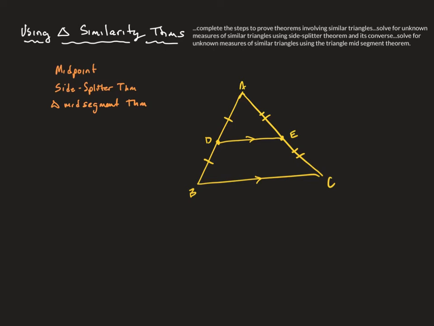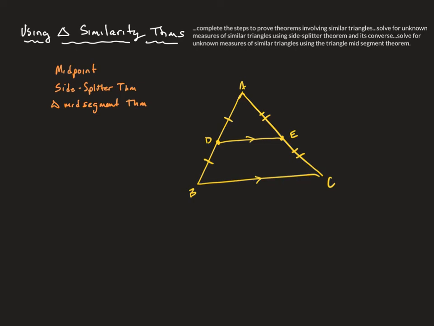Again, the midsegment of two sides of a triangle, these are midsegments because they cut it in half. This is the midsegment of this AC. So this line right here is going to be parallel to the third side.